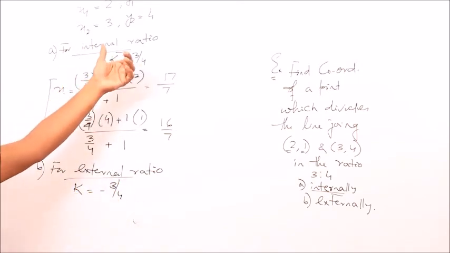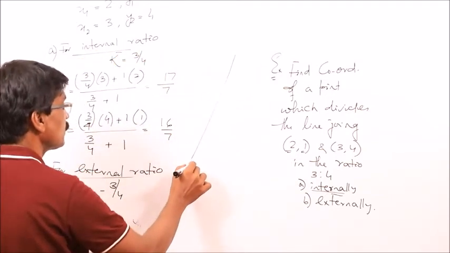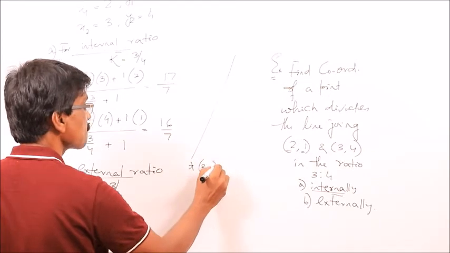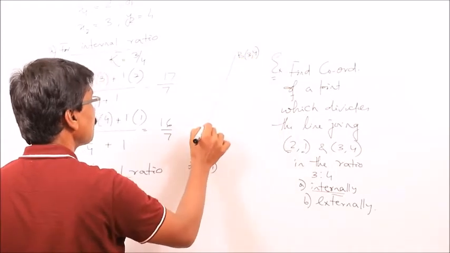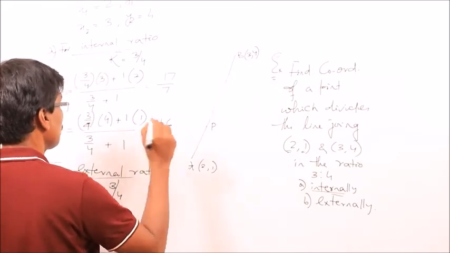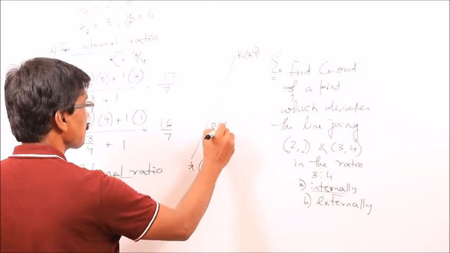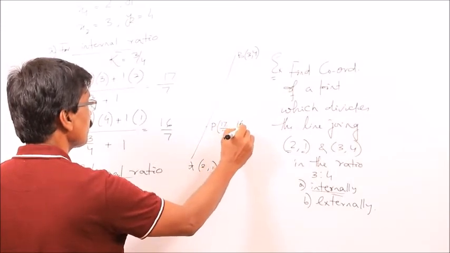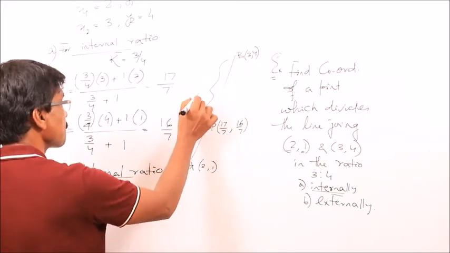So internal ratio, the point is an internal point, that is if you have 2 points A, that is 2 1, B 3 4, then P is internal ratio, that is 17/7, 16/7, that is in the ratio 3:4.